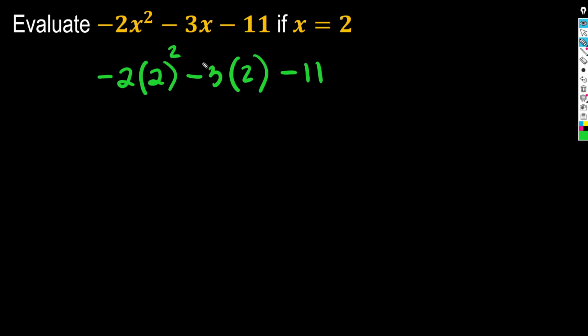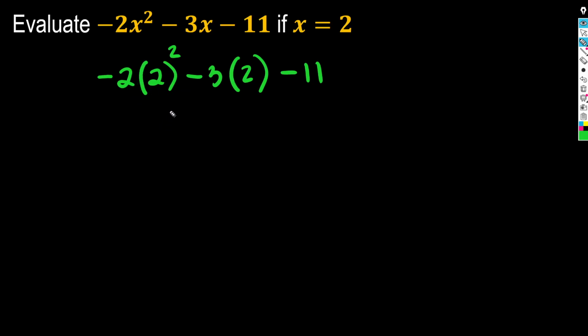Okay? So I simplify. Remember, it's not going to turn negative 4. Not yet, at least. Because the first thing we need to do here, remember, this is between minus 2 and 2. The operation seems to be multiplication. However, the negative 2 here is actually being multiplied to the entire square of 2.